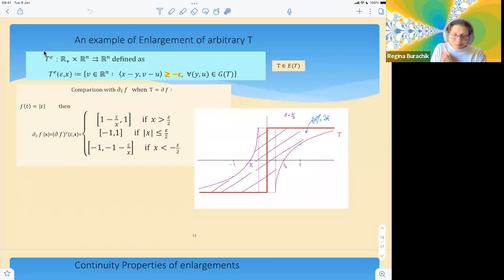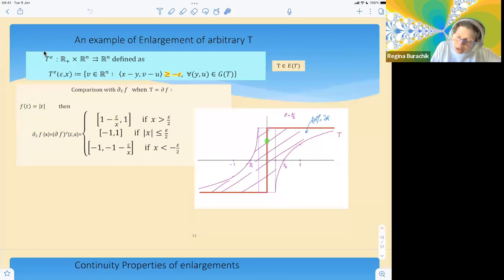So for example, suppose that this is your subdifferential, the subdifferential that we have just seen. Then when you compute the epsilon subdifferential, for this particular case, it coincides with the epsilon enlargement. In general, they don't. In general, you have this inclusion. But for this particular function, both enlargements coincide. And the graph of the enlargement is precisely this example here.